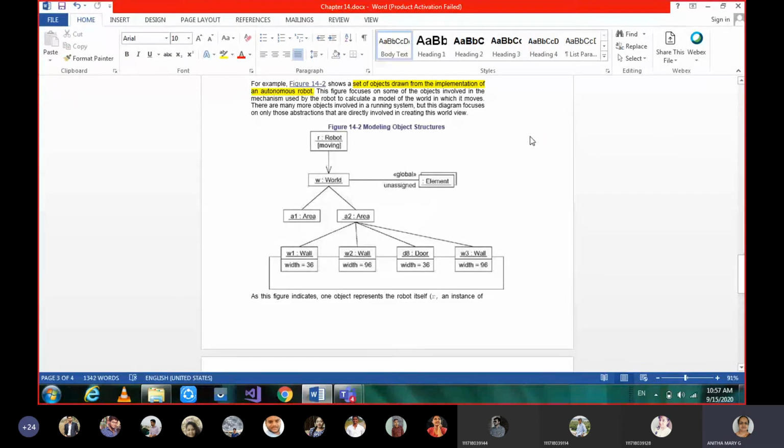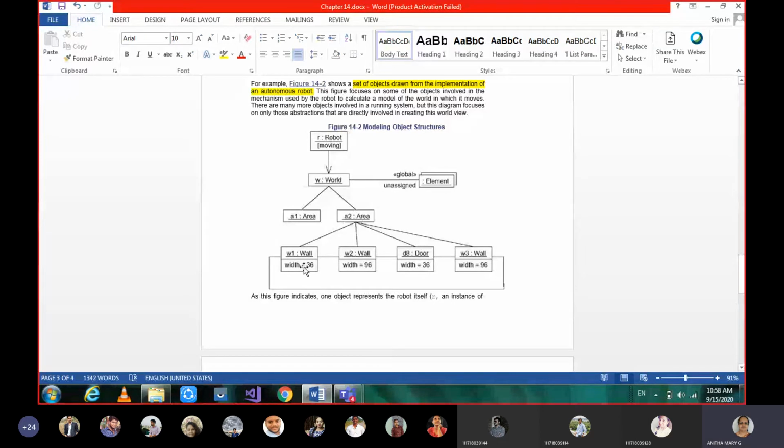And when we are talking about the object structure at that particular point of time, what exactly that object is doing. So here we are taking the R instance, in the scope of that R instance is the W instance, and that W instance is connected to the A1 and A2 areas.